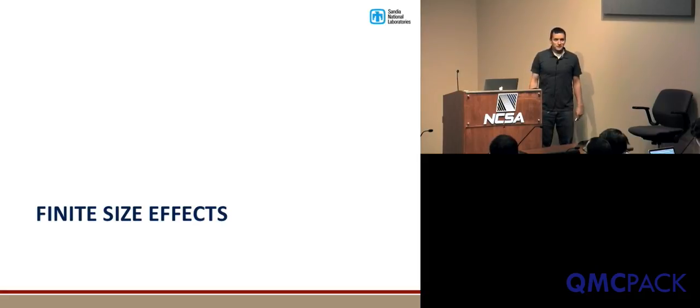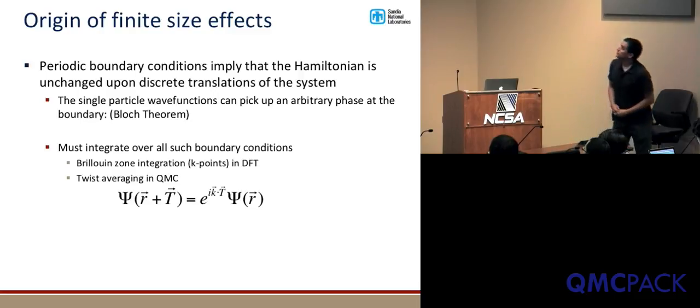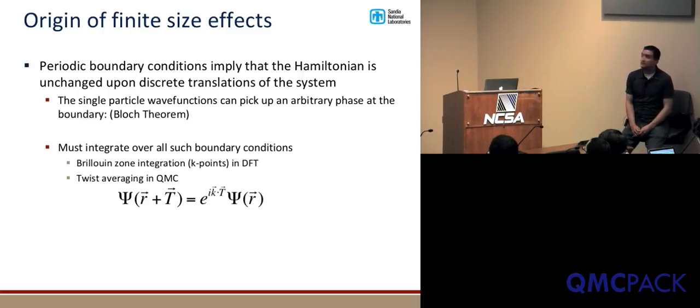All right, now onto the reason that these calculations get very expensive, and that's finite size effects, and this applies actually to all many-body calculations in solids. So we're using periodic boundary conditions, as I mentioned. Periodic boundary conditions imply that the Hamiltonian isn't going to be changed whenever you have a discrete translation of the system. So this should sound a lot like Bloch's theorem from your solid state course. But the wave functions can pick up an arbitrary phase, right?